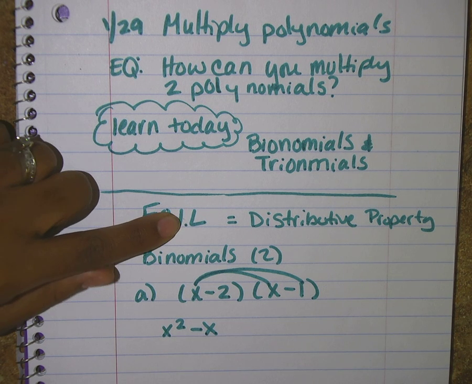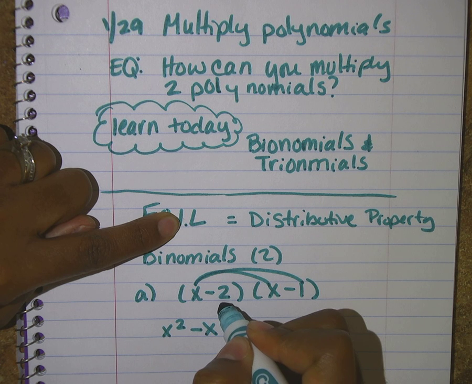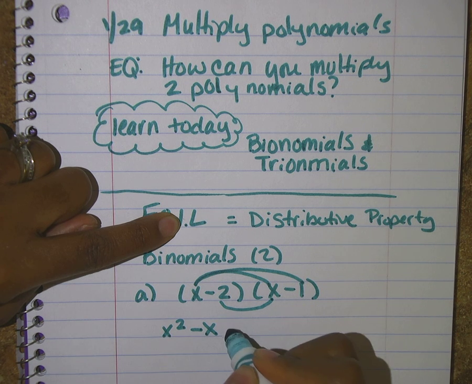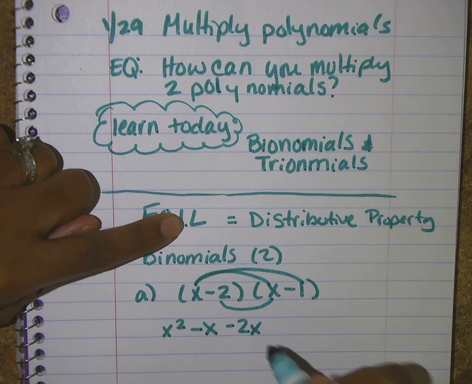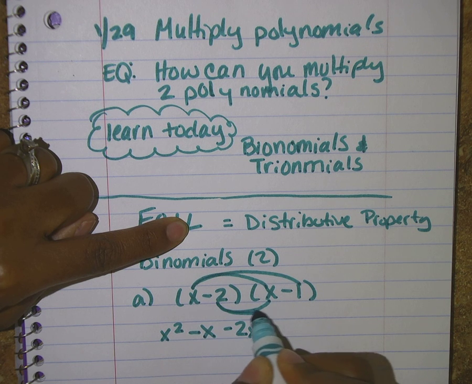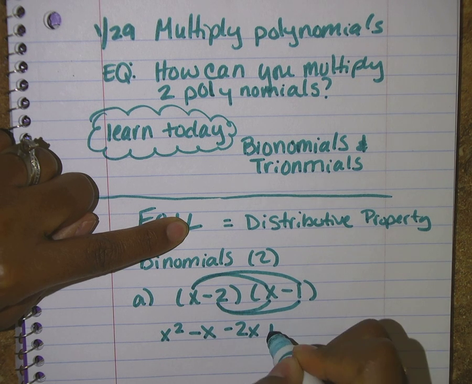Then the I stands for the inside terms: negative 2 times x is negative 2x. Then the L represents the last terms: negative 2 times negative 1, which is plus 2.